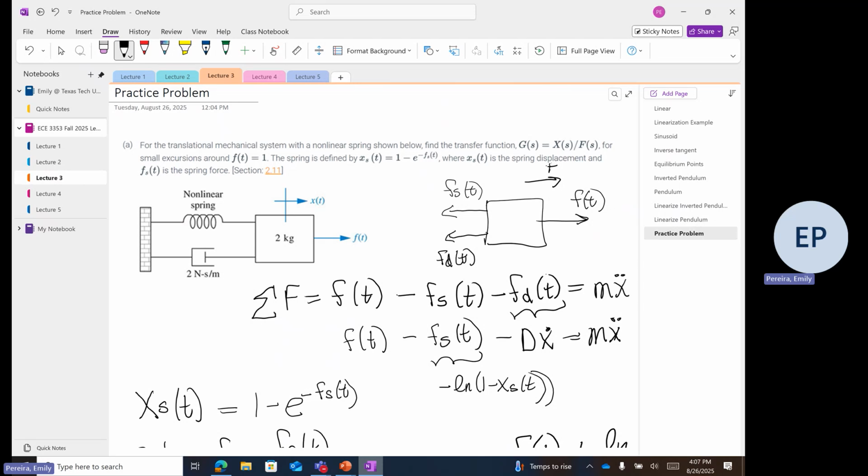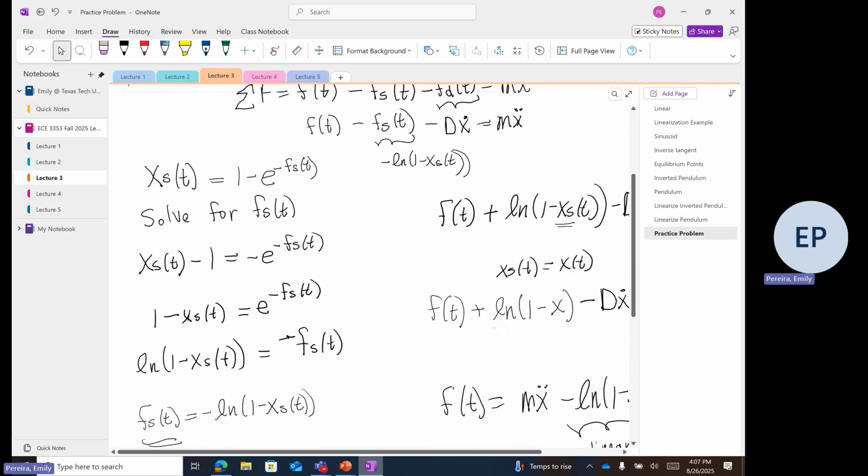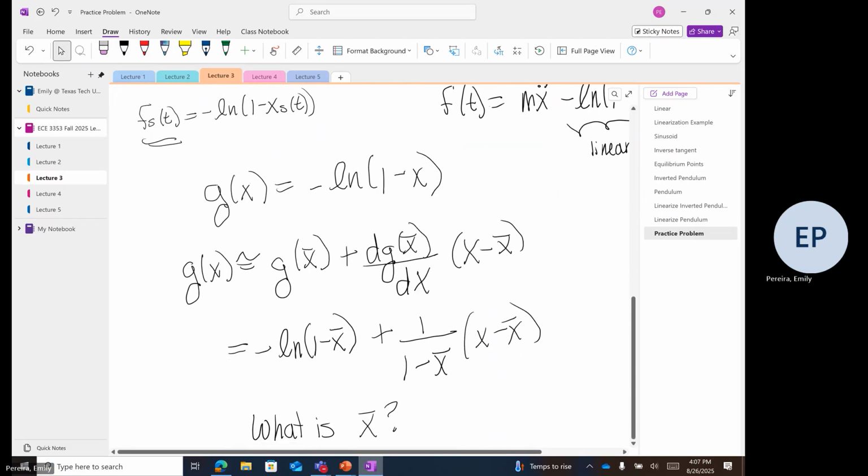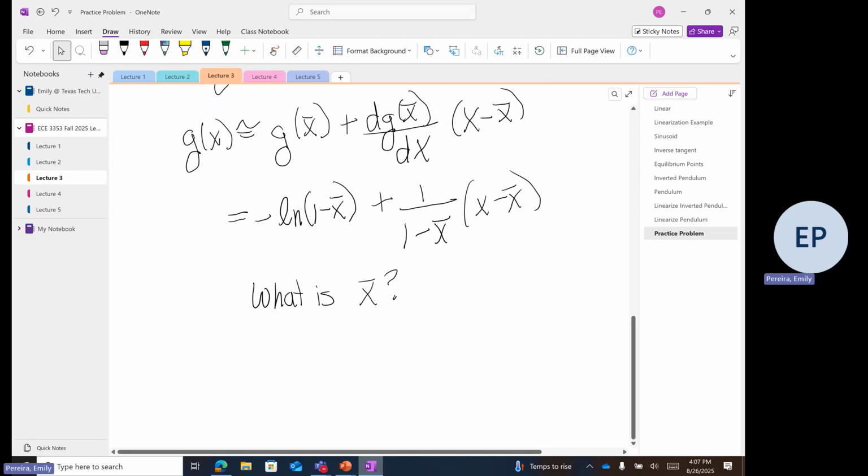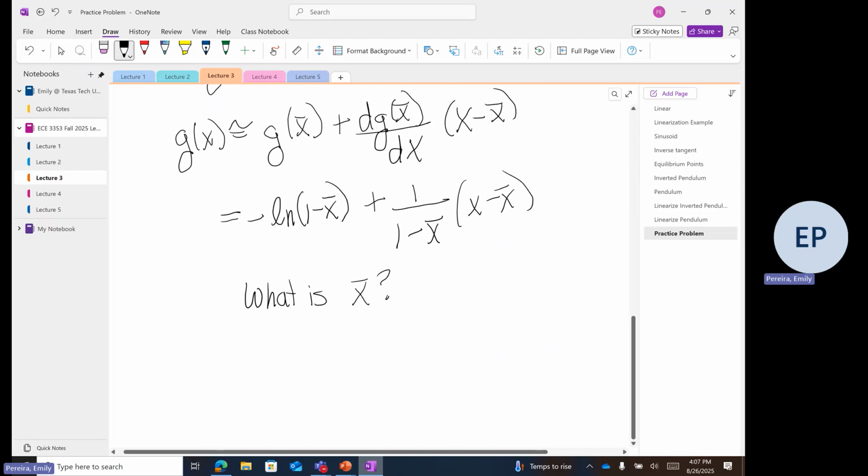So really what this means is, if we think about linearizing f, we don't need to linearize f of t really, but f is going to be equal to f bar plus some perturbation around f.